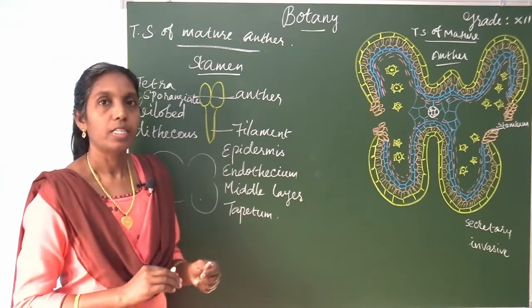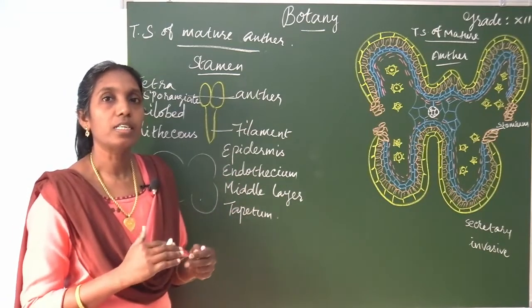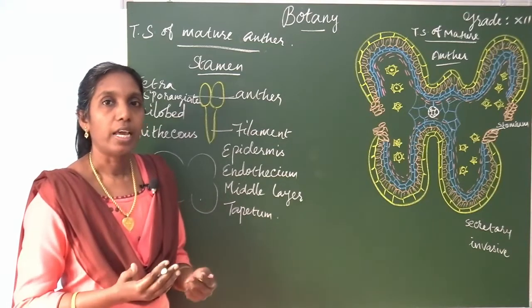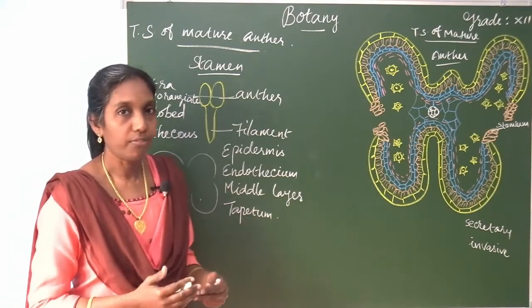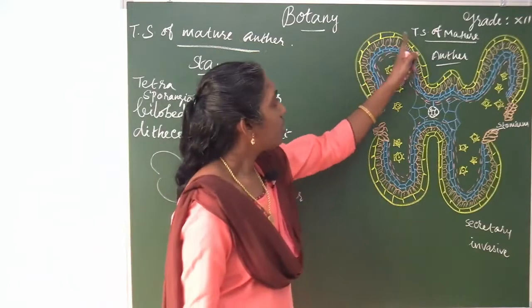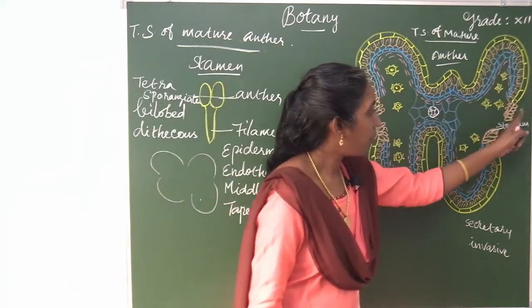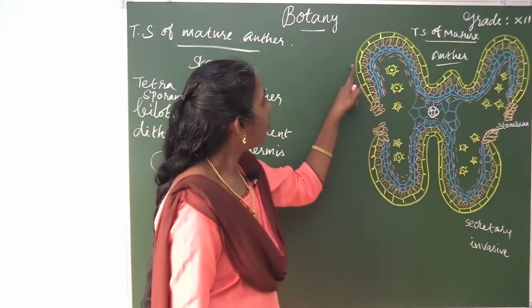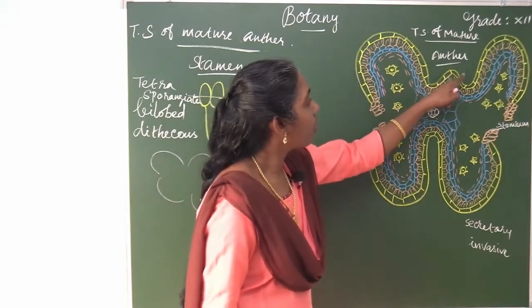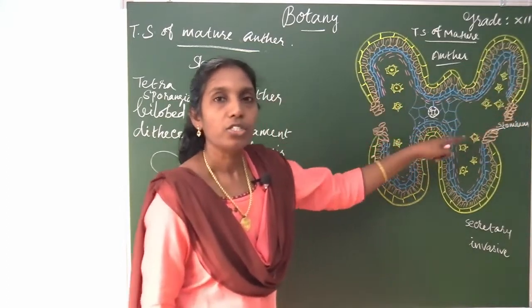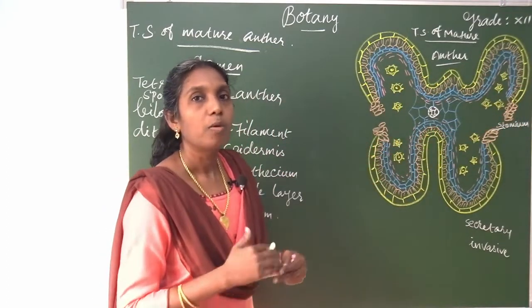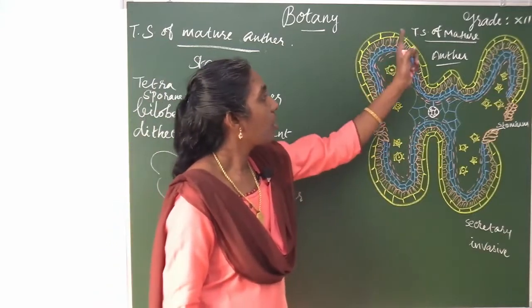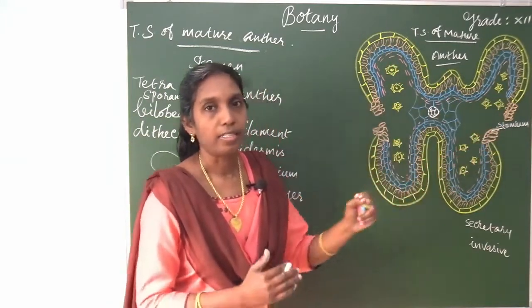Epidermis. Epidermis is the outermost layer and it is protective in function. Look at this diagram. The outermost layer is epidermis, which is made up of a single layer of cells. The function of epidermis is protection; it protects the anther.